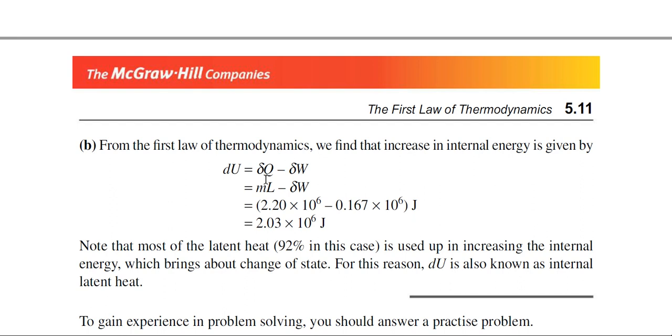Now, as the water is being boiled, the formula of delta Q will be a little different, because at that time you have to use the formula mL, which we have already used in our higher secondary classes. So, when the water is being boiled, then delta Q will be mL.